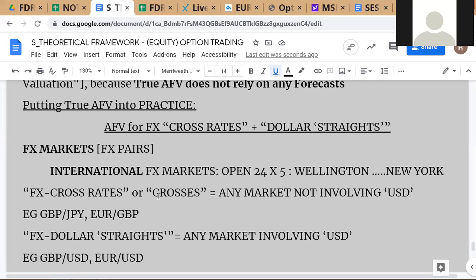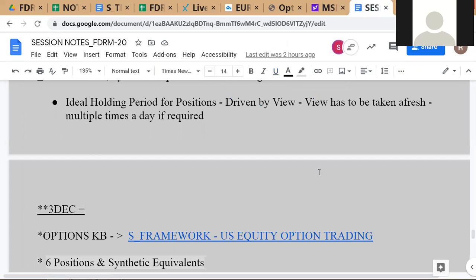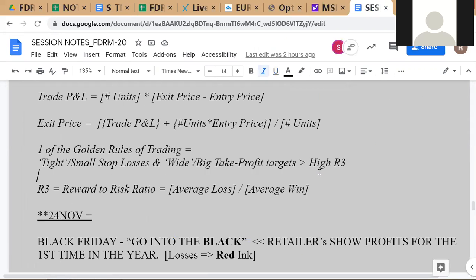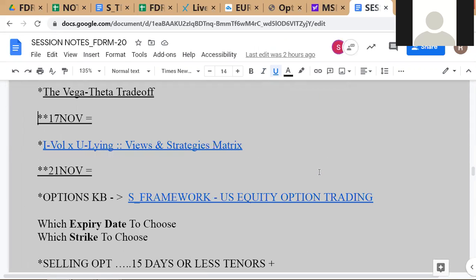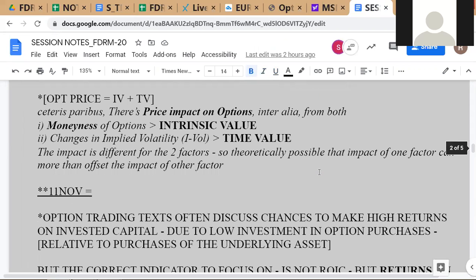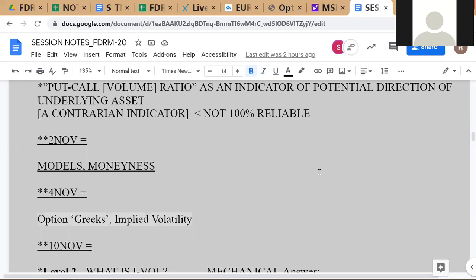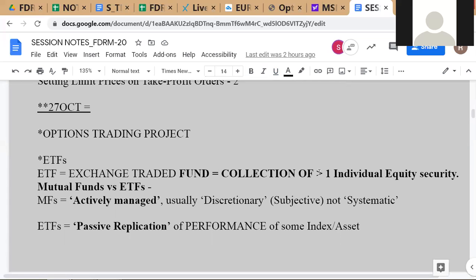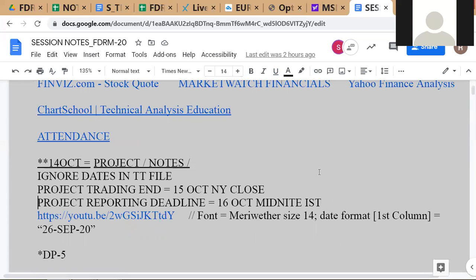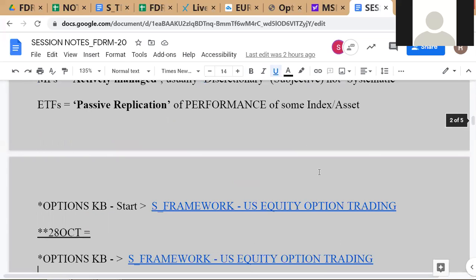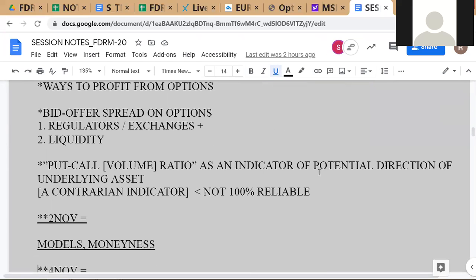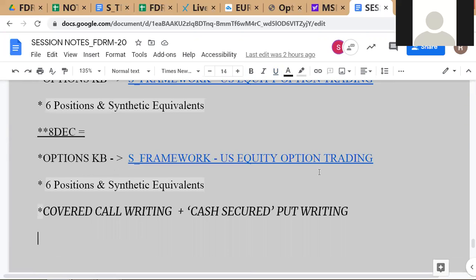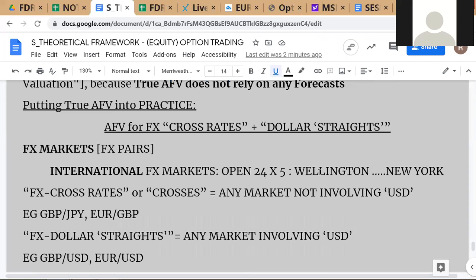It is your responsibility to study the India portion of the session notes and textbooks, look at any part where they're talking about Indian markets, and read it, because it's generally in the nature of information.